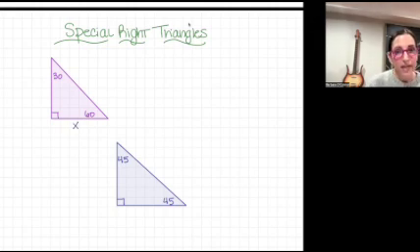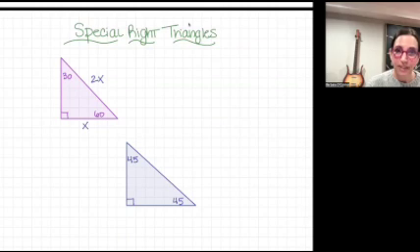If that one is x, then the hypotenuse is 2 times that side, or 2x. And the side opposite the 60-degree angle is root 3 times x. So those are your relationships. They will never change. If you know the side opposite 30, the other two are based directly off of it.